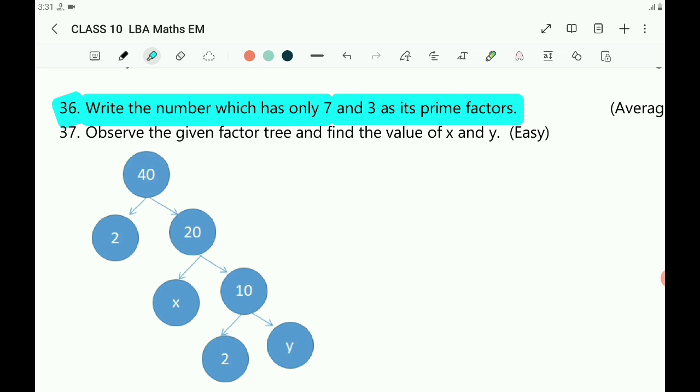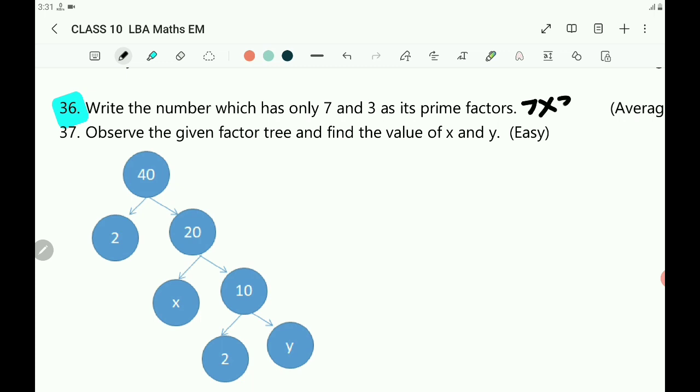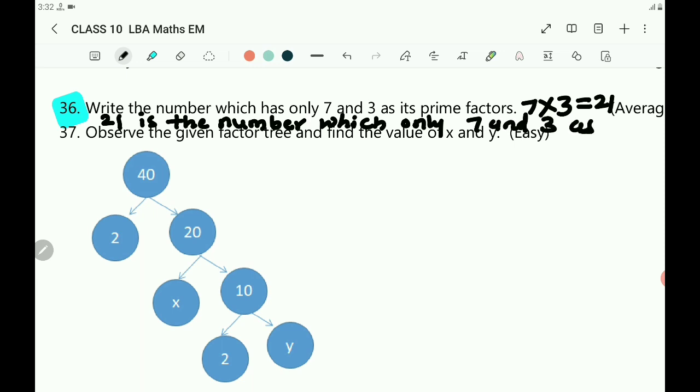So you write, what is the answer? 7 into 3 equals 21. 21 is the number which has only 7 and 3 as prime factors.